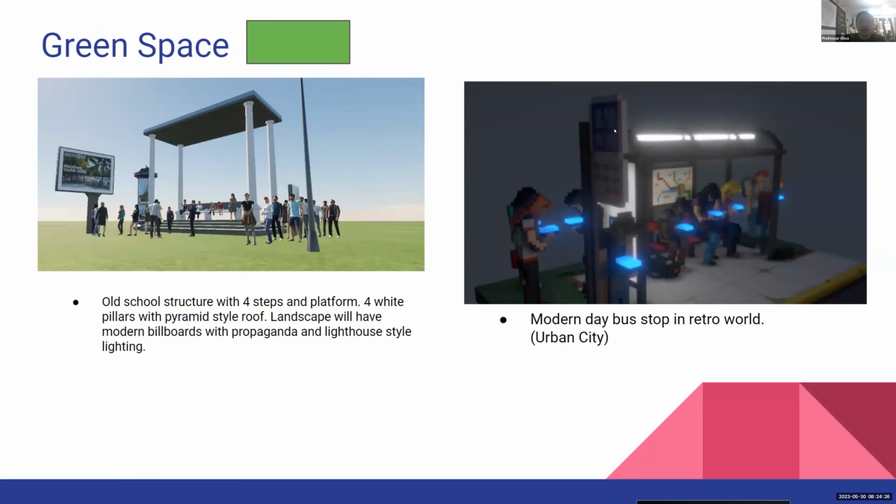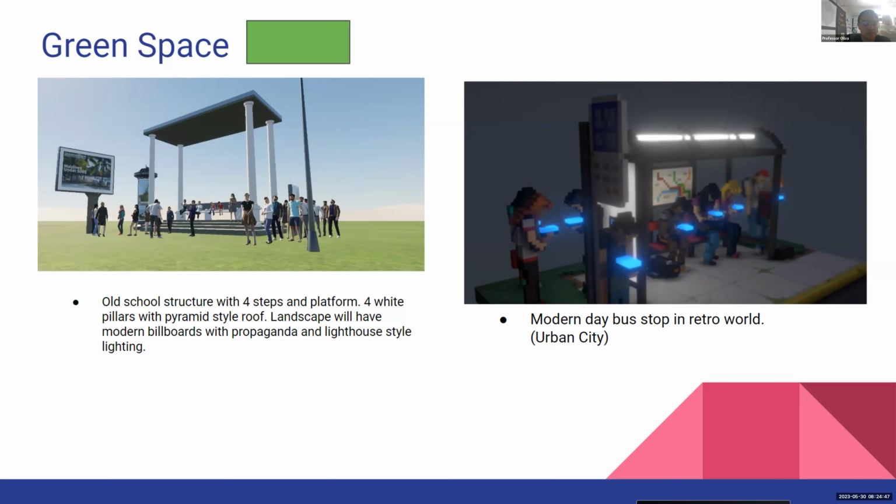So I also created a green space, which were bus stops. I created a bus stop on Revit, and this is the model to the left. An old school structure with 4 steps and a platform, 4 white pillars with a pyramid style roof.